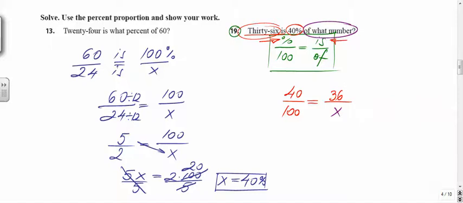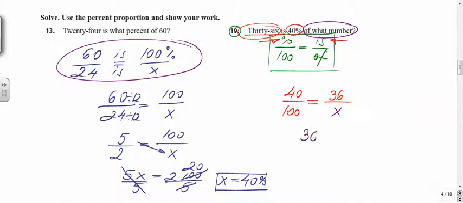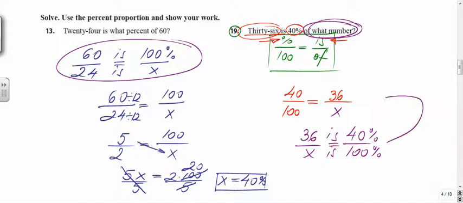If this is too confusing for you, then go back to the way we solved the previous problem. And what I said, what? 36 is 40%. Of what number? Well, this missing number, x, will be 100%. Okay? And this is your proportion. I believe it is the same, right?